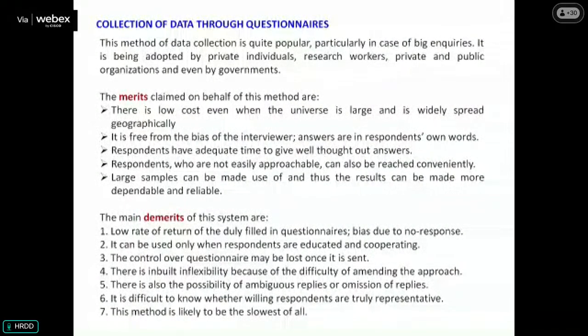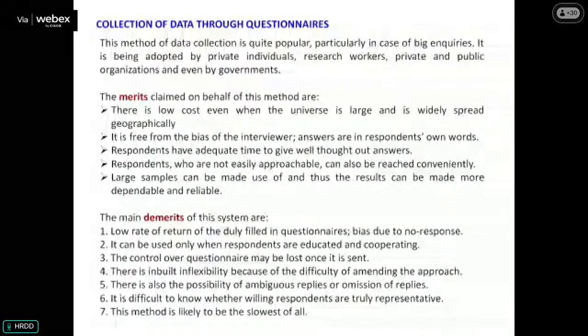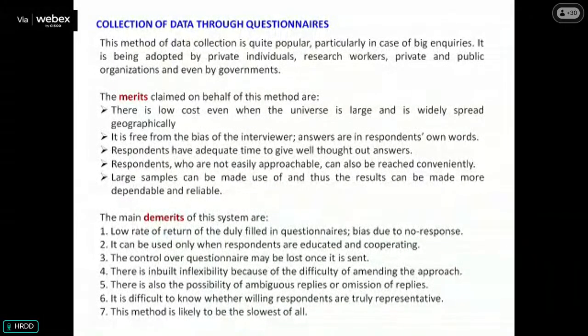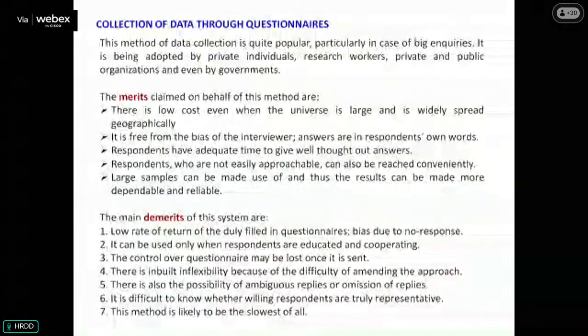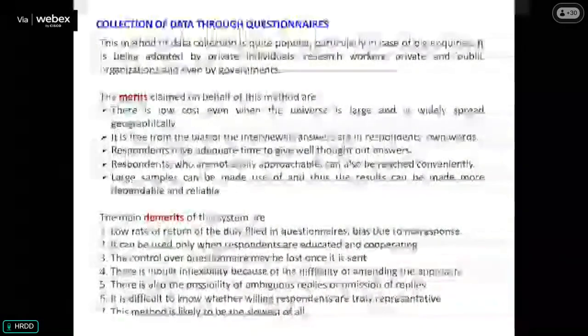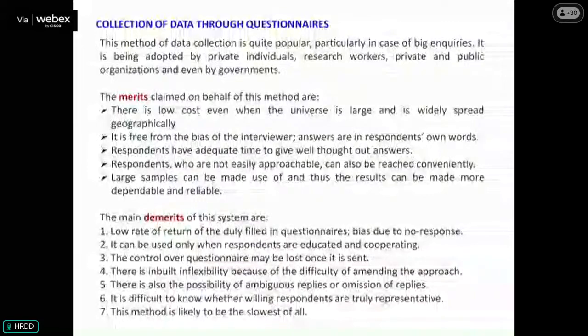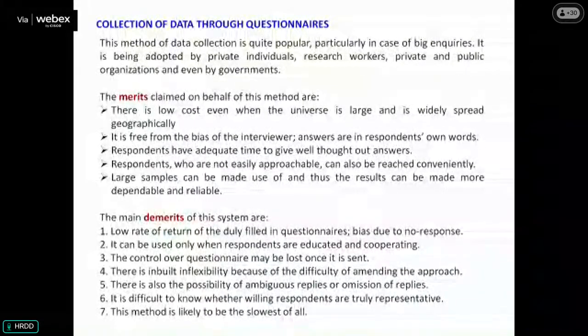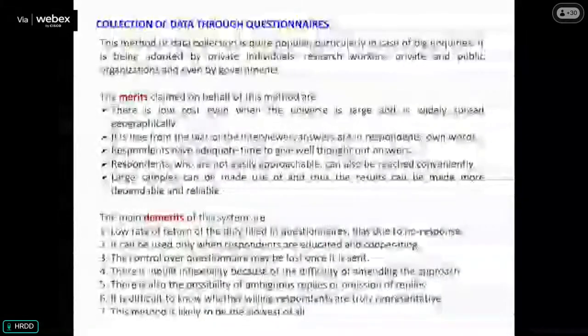You just ask questions, not only yes or no answers. So I am not biasing; the respondent's thought process will come through. He can also propose a new policy. Respondents have adequate time to give well thought out answers. Responses that are not easily approachable can also be reached conveniently. A large sample can be made use of, and thus results can be made more dependable and reliable.